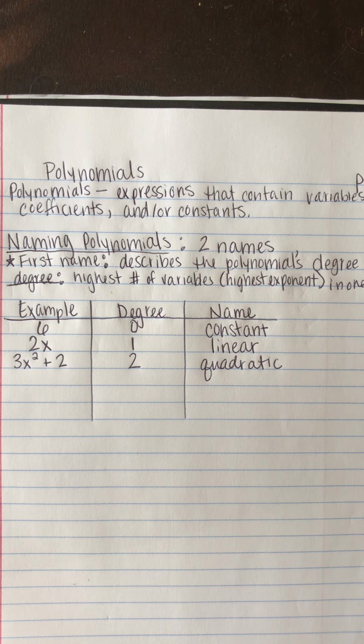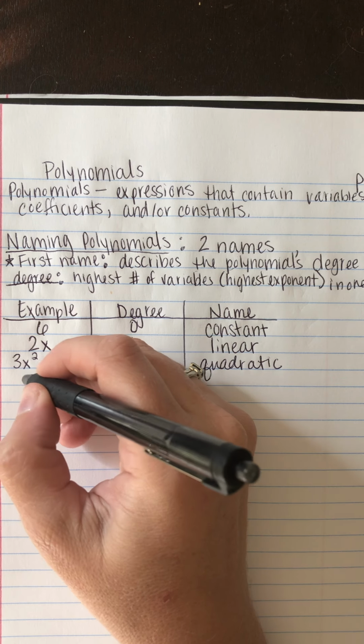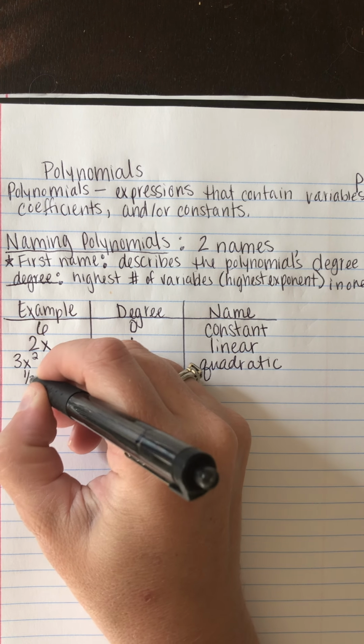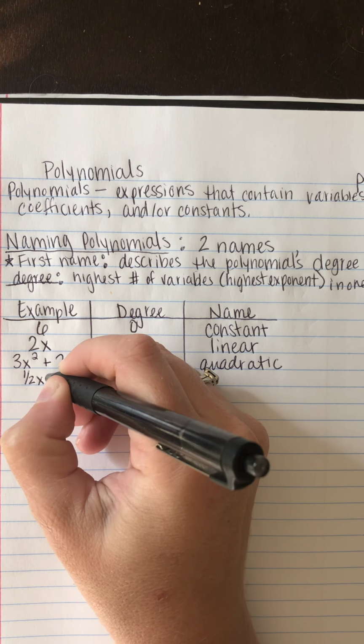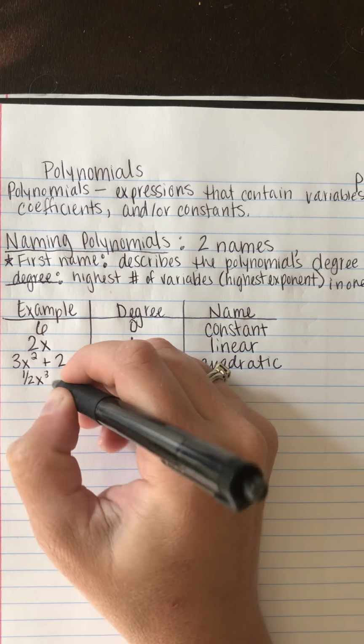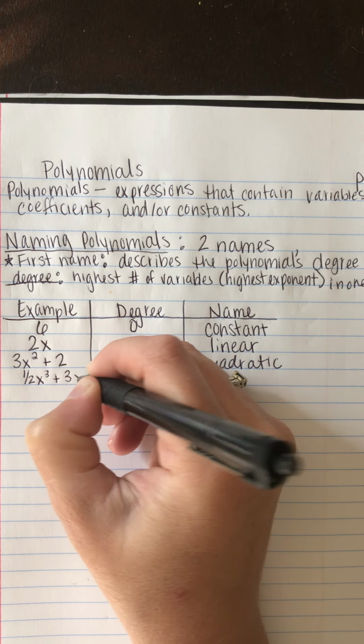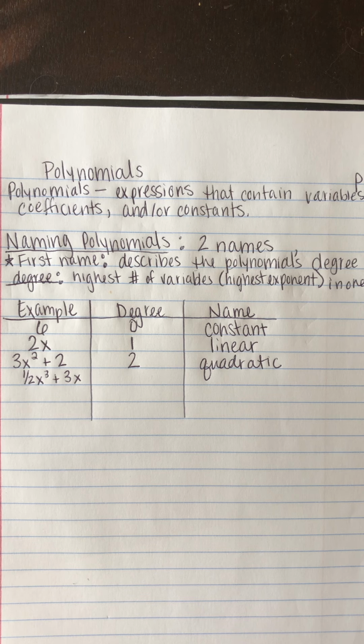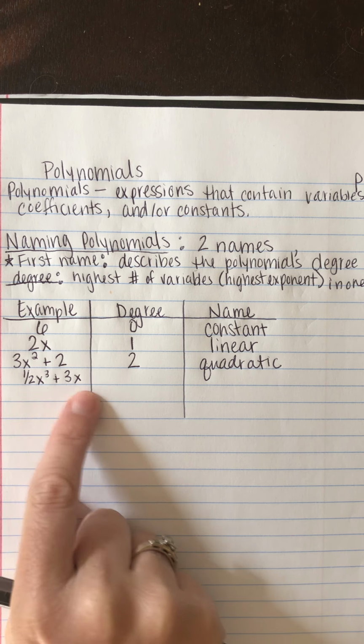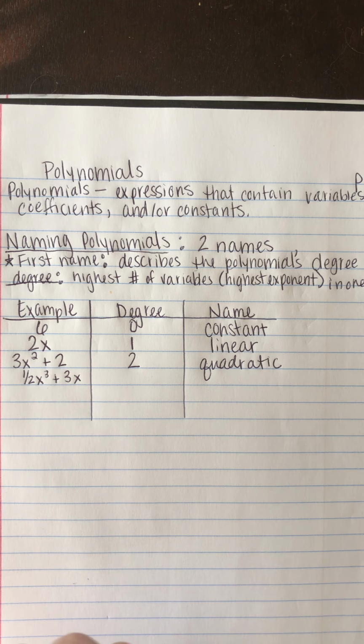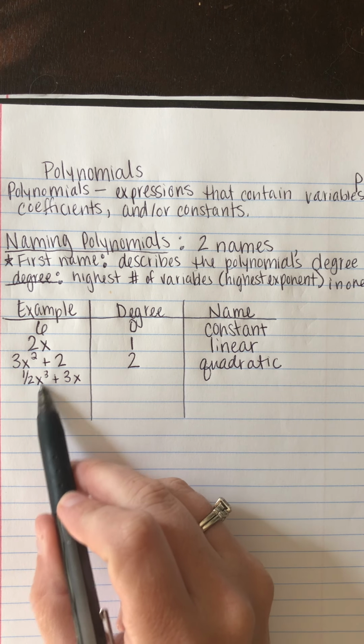All right. And so for the next one, let's do something like maybe we have 1/2 x to the third power plus 3x. Okay, again, right now we don't really care how many terms we have, but we want to look at the variable that has the biggest exponent.